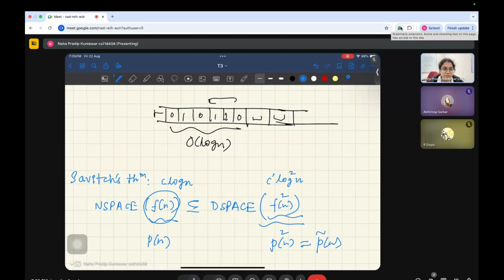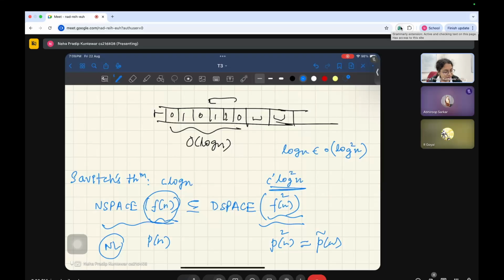With the asymptotics that we do, we can provably show that log n is little o of log square n. So if I have a non-deterministic log space machine, that gives me a deterministic machine that runs in log square n space, which is clearly larger than log n.